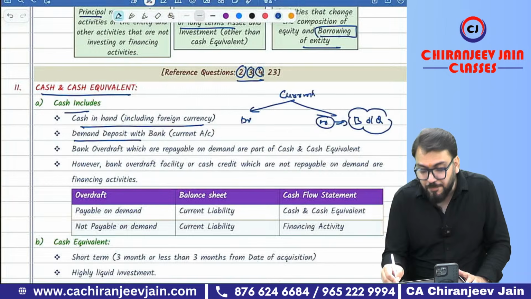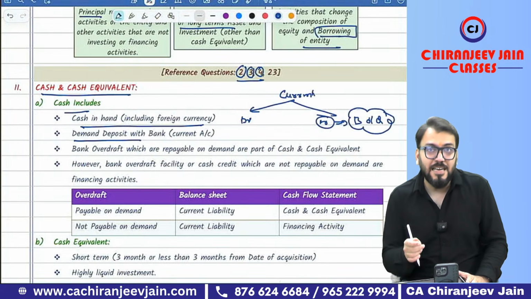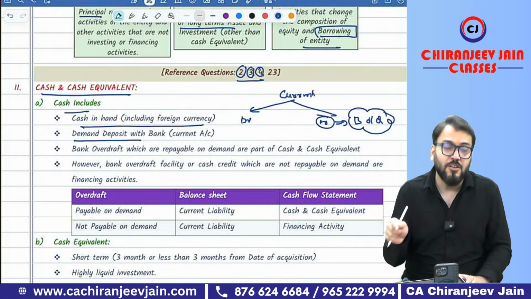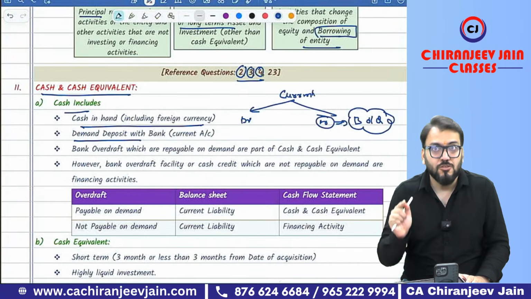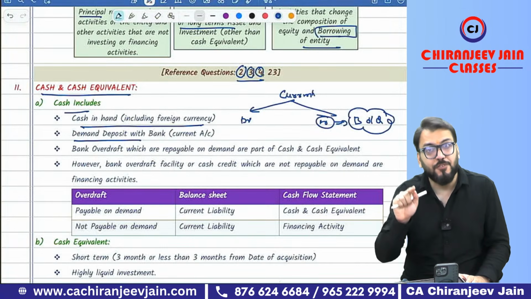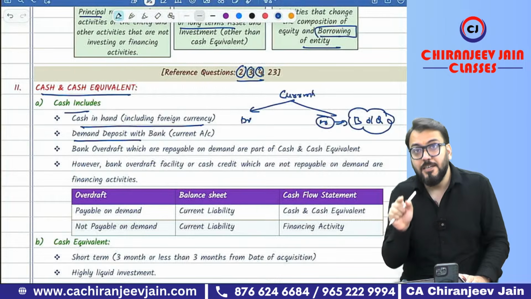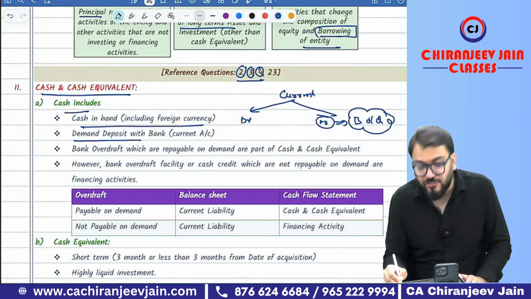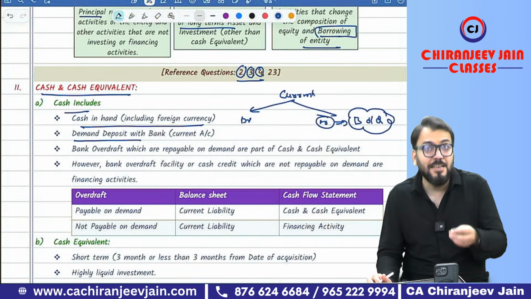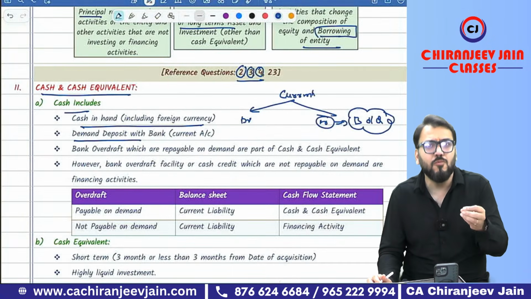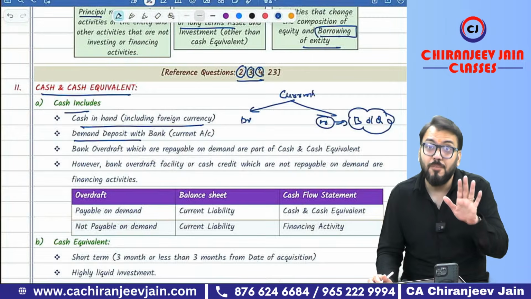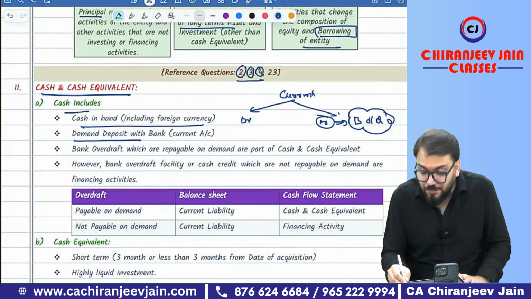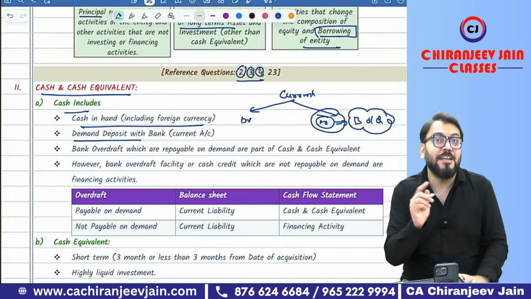Now the question is that bank overdraft, whether it is cash and cash equivalent or it is a current liability. So in the balance sheet, as per the definition of Ind AS 1, it will be shown under current liability. Means as far as the balance sheet is concerned, any amount which is payable on demand is always a current liability, because the balance sheet is as per Ind AS 1.